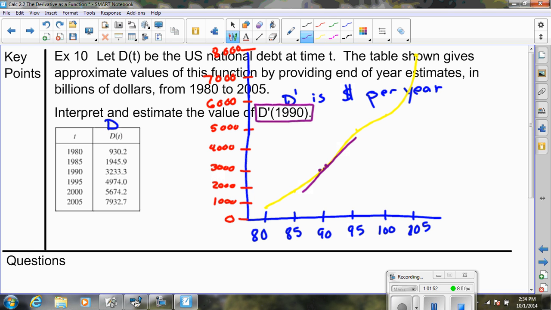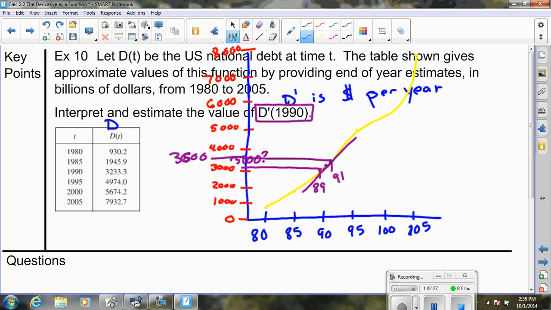But what I could say right here, from 1989, I could come over and say, as a guess, 3,100. I don't know what it would be, but I'm taking a guess at 3,100. And I can come over here at 1991, and come over from 1991, and that would give me 3,500, maybe 3,600. We're taking an estimate. We know it's not going to be perfect.